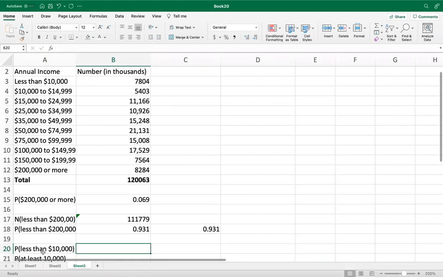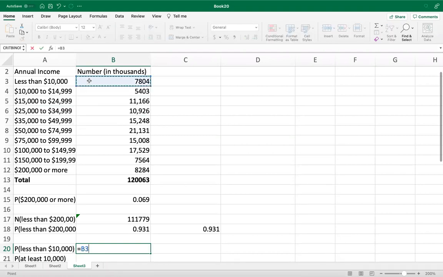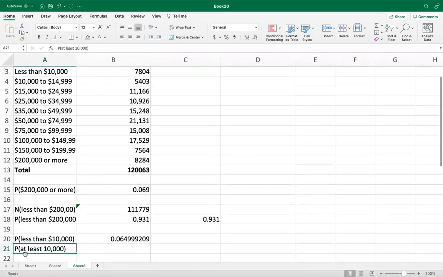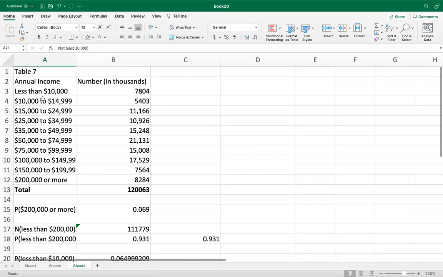So probability of less than 10,000 is going to be equal to the number of less than 10,000 divided by the total. So here it's going to be equal to this number divided by this. And it's this. At least 10,000 is going to be this value plus this value plus this value plus this.